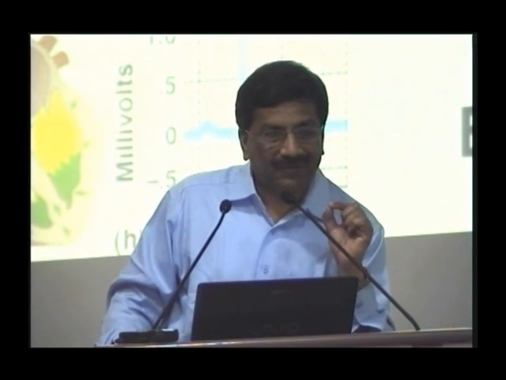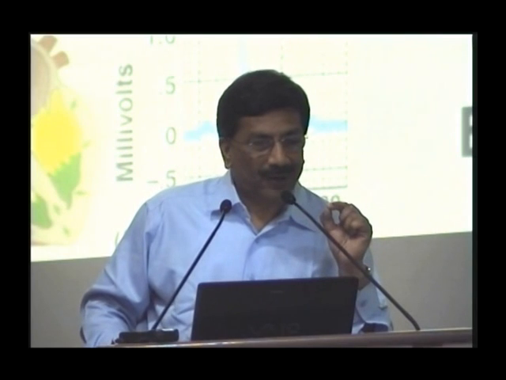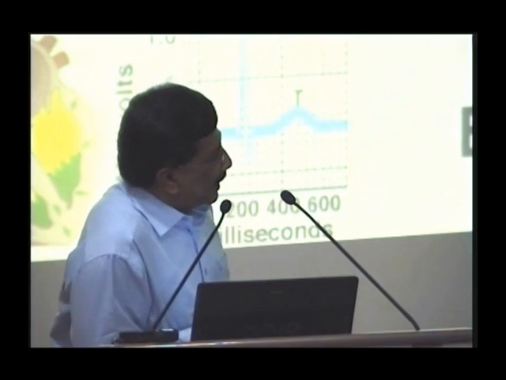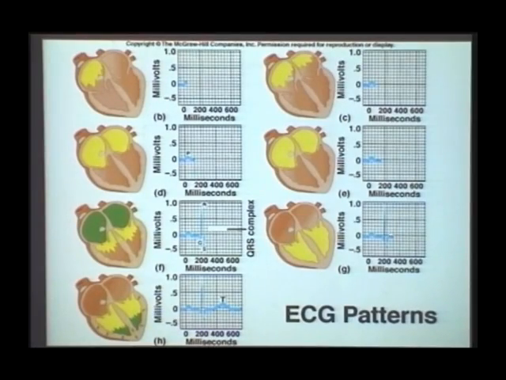Here also, depolarization is not happening and repolarization is not happening, it is only a flat line. So the ST segment is the gap between the end of depolarization and the beginning of repolarization. After the QRS complex, you have the ST segment.